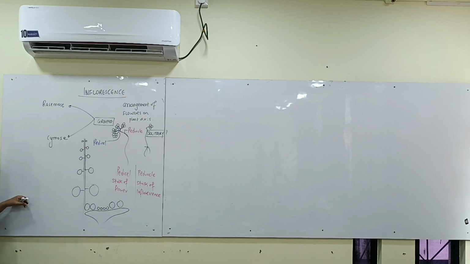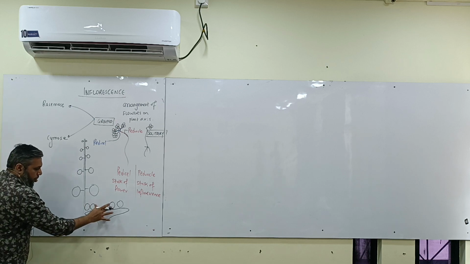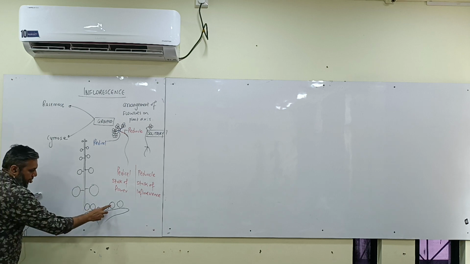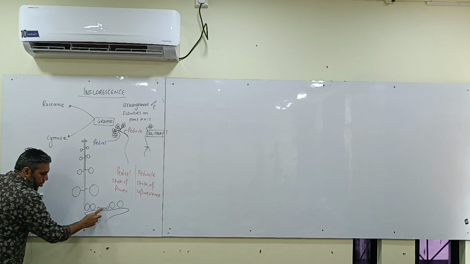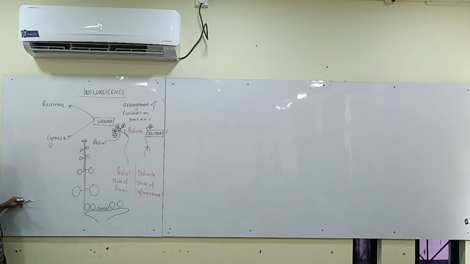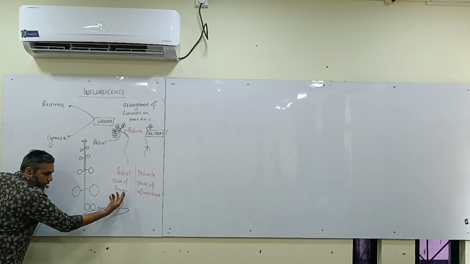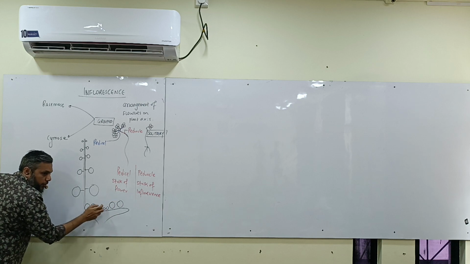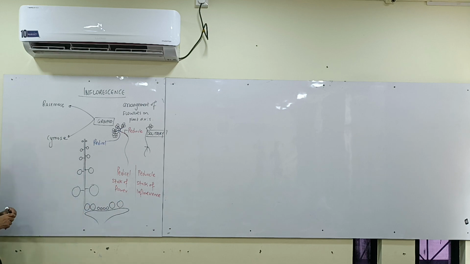So tell me, the opening of the flowers will be from the center to the periphery or periphery to the center? कौन से flowers पहले open होंगे? Periphery वाले flowers पहले open होंगे कि center वाले flowers पहले होंगे? क्योंकि वो old है ना, तो older flowers पहले खिलेंगे, बाद में younger खिलेंगे ना. So the opening will go from center to periphery or periphery to the center? Periphery to the center.